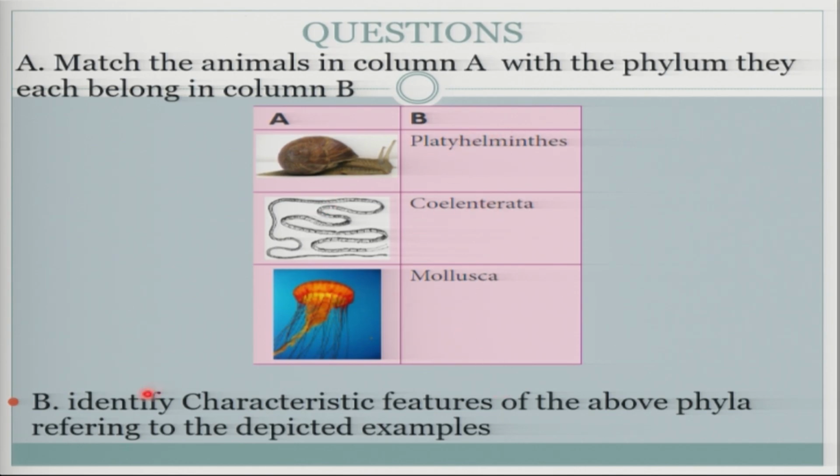Then identify characteristic features of the above phyla, referring to the examples given here. You tell me Coelenterata has these features, Mollusca has these features, Platyhelminthes has these features, and you also match where one belongs.